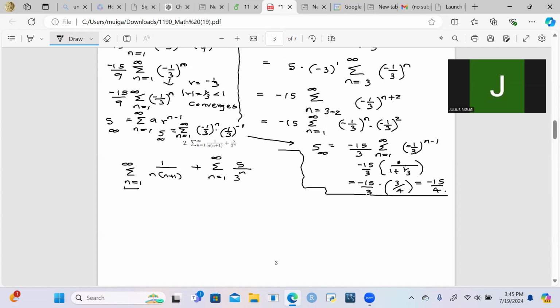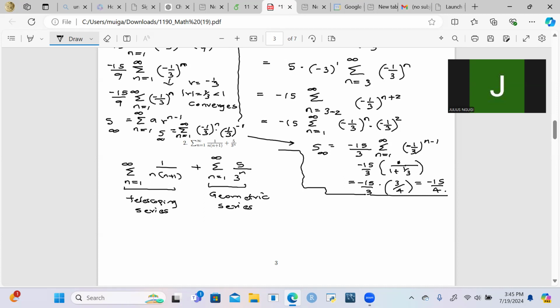And the first one here is a telescopic sum, or telescopic series. And this is a geometric series.